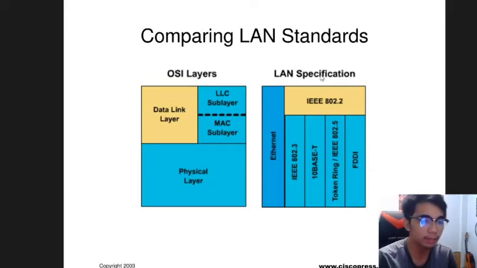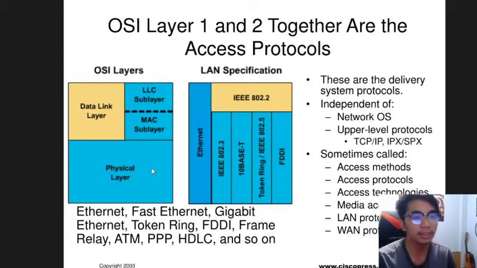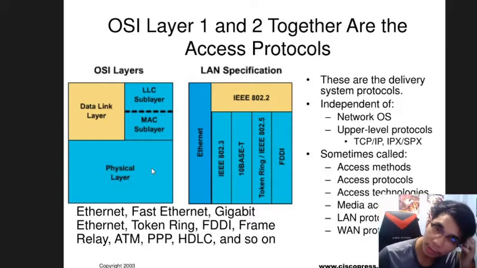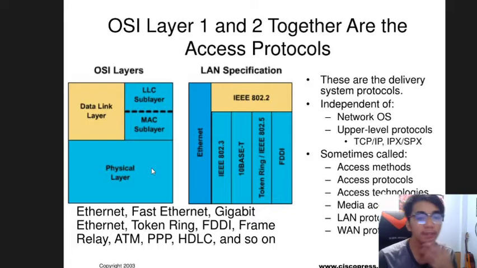Then the LAN specification, IEEE. OSI layers 1 and 2 together are the access protocol: Ethernet, Fast Ethernet, Gigabit Ethernet, Token Ring, FDDI, Frame Relay, ATM, PPP, HDLC, and so on. These are the delivery system protocols, independent of the network OS and upper layer protocols such as TCP/IP or IPX/SPX, sometimes called access method, access protocol, access technologies, media access, LAN protocols, WAN protocols.